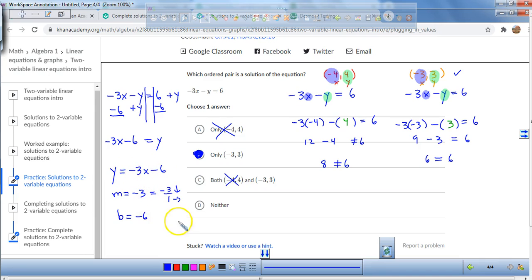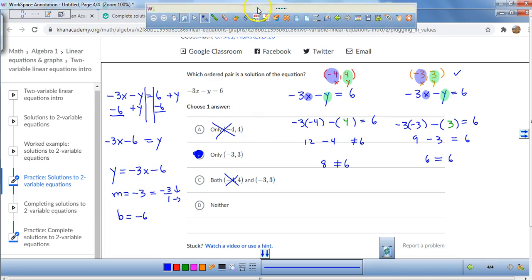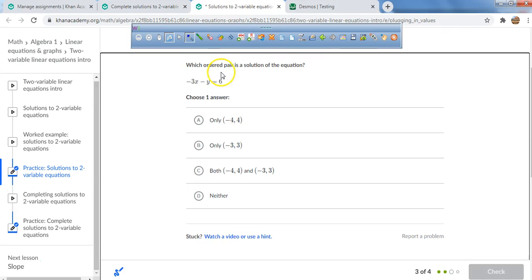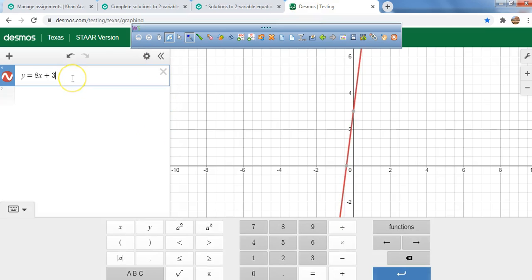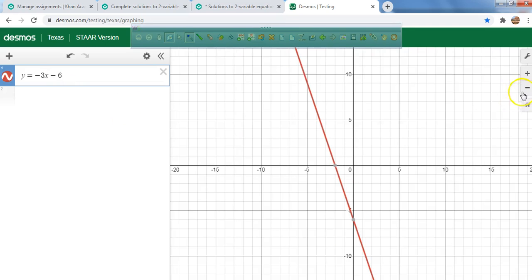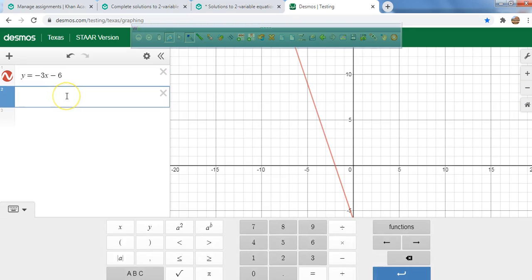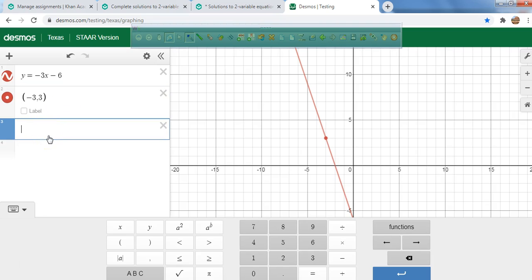So check this out. y equals negative 3x minus 6. I'll go right over here to Desmos, and I'll go ahead and delete those. I told you it was y equals negative 3x minus 6. Now I'm going to zoom out just a bit because I want you to see why negative 3 comma 3 is on the line, but negative 4 comma 4 is not on the line.